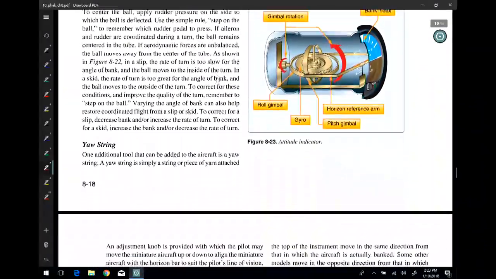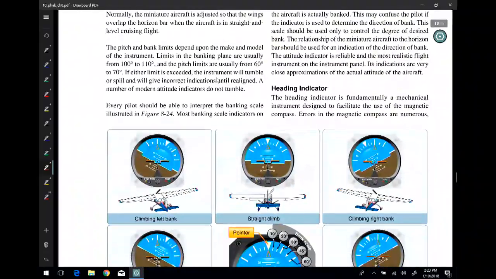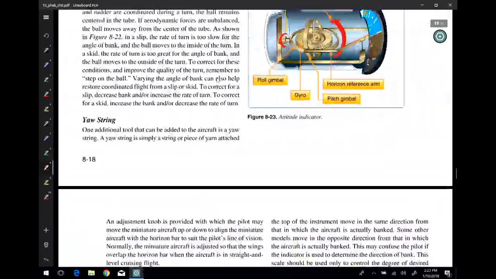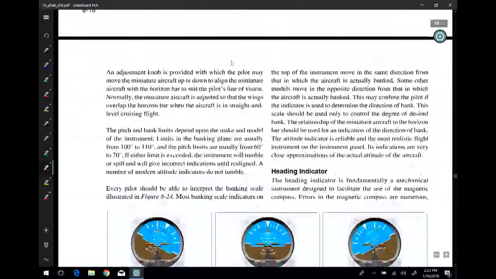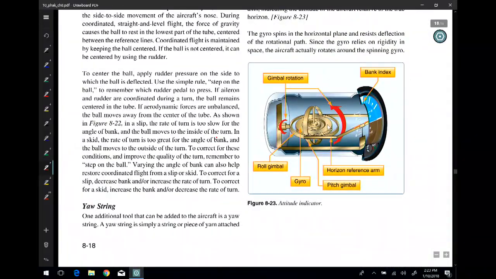Now we're going to talk about the heading indicator. Or, I'm sorry, not the heading indicator, the attitude indicator. Forgive me, the attitude indicator. So when we look here, this is an illustration on figure 8-23 of the attitude indicator.